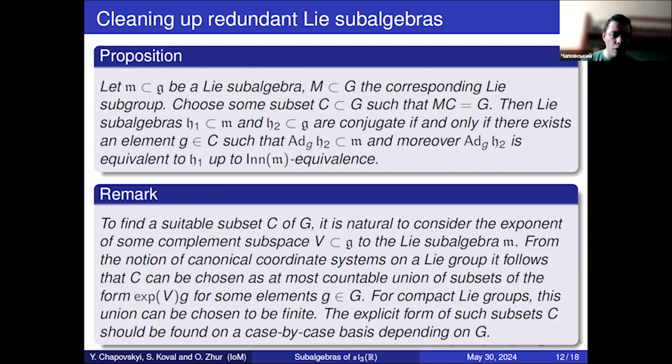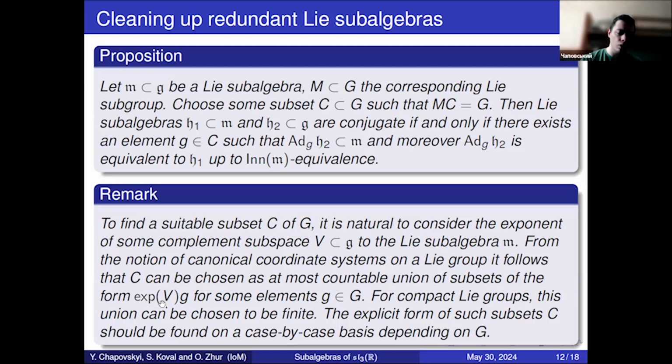So how do we find such a complementary subset? In general, it is quite natural to consider a complement subspace to the Lie subalgebra M, and then to consider the exponent.